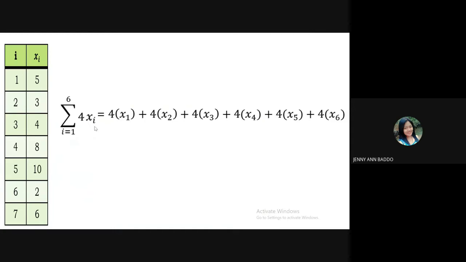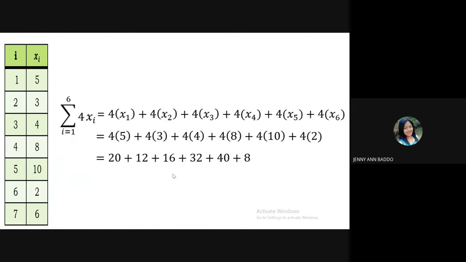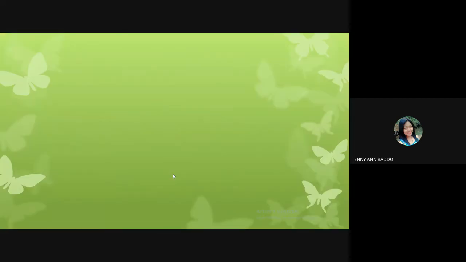So by substitution, we now have 4 times x sub 1 is 5, then 4 times 3, then 4 times 4, 4 times 8, then 4 times 10, then 4 times 2. So we have 20 plus 12 plus 16 plus 32 plus 40 plus 8, and that is 128. So that's all for the first property.